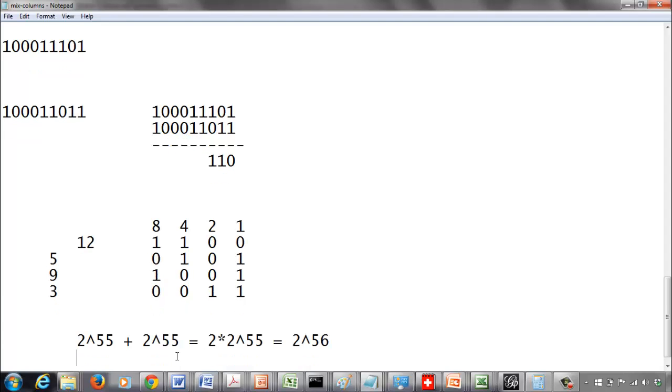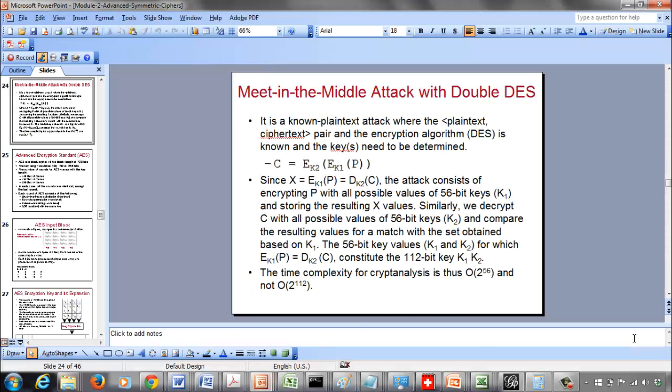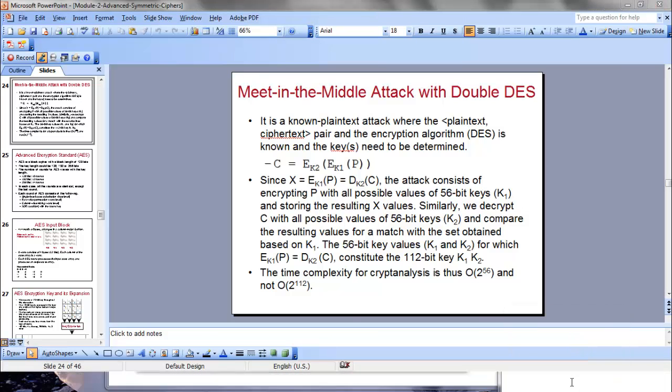It's not like K1 and K2 are together as 112 bits. If it was like that, we would have needed 2 to the 112 combinations of zeros and ones in the worst case, or 2 to the 111, but we don't need to try that many combinations. So that is this vulnerability with the meet in the middle attack. We will stop here.